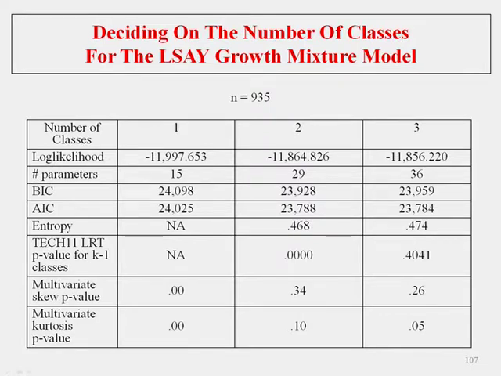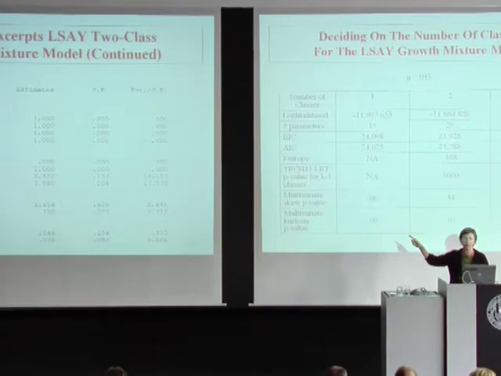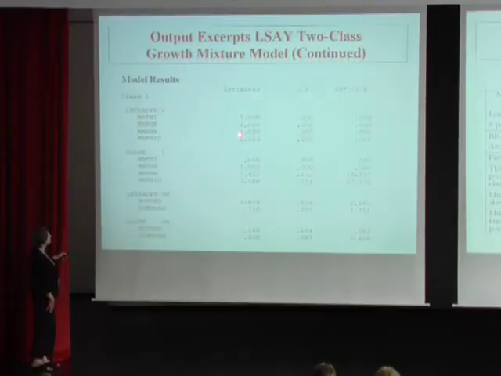Now over on that screen we have the results, and these are for class 1. You can see that all of the intercept growth factor loadings are fixed to 1.